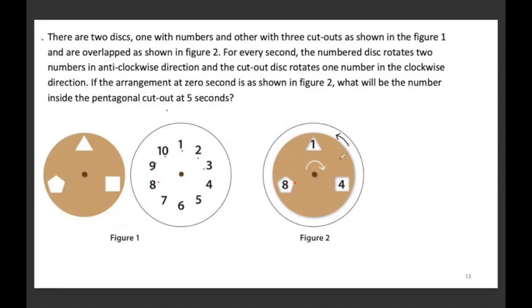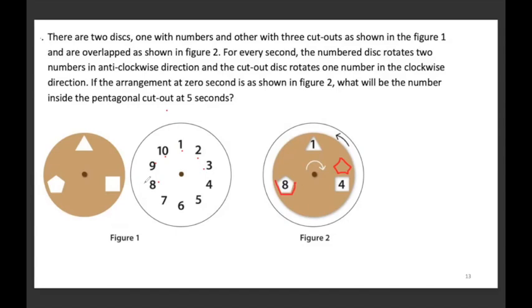So I have found that the pentagon cutout will actually happen here. Okay, this is where the pentagon cutout happens. Now in the next part, we'll try to look at the number cutout. How will they move? Now I will first try for what is the situation in the first second for the pentagon cutout only.